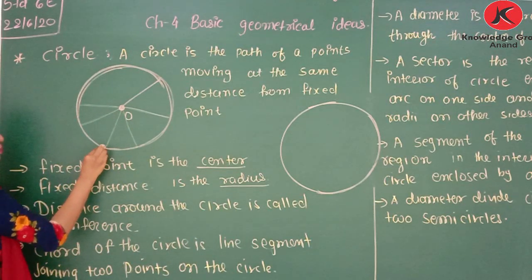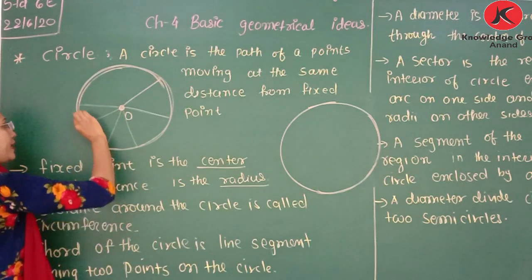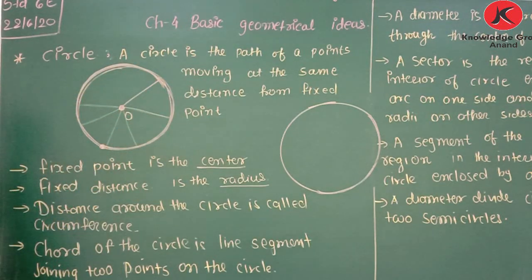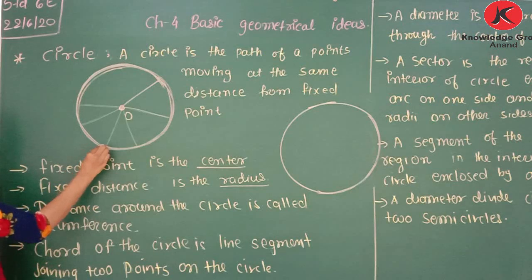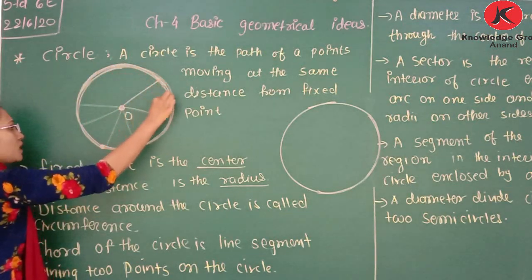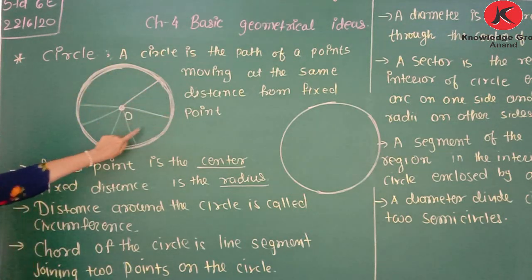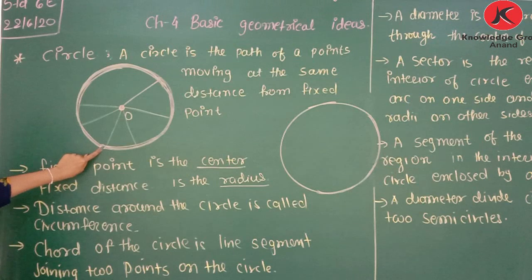If we start from here and take the path around the circle and come back to this point, this distance becomes the circumference of the circle.